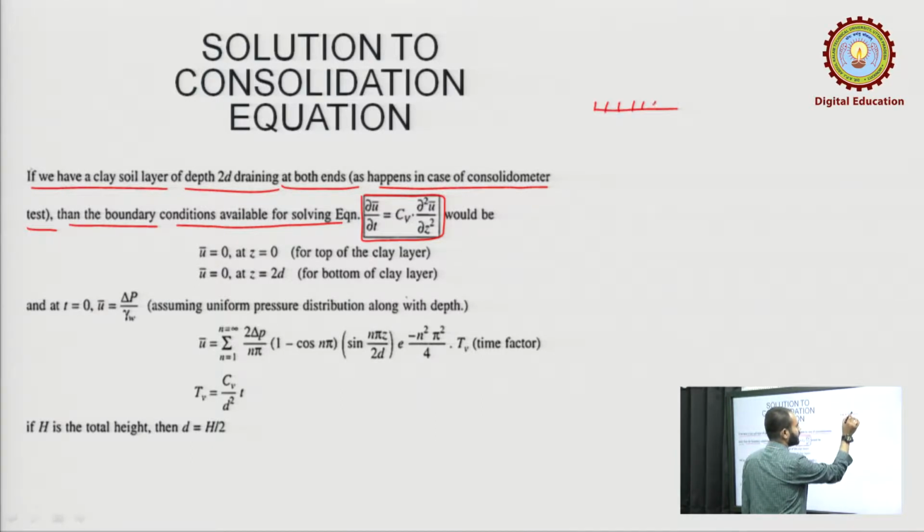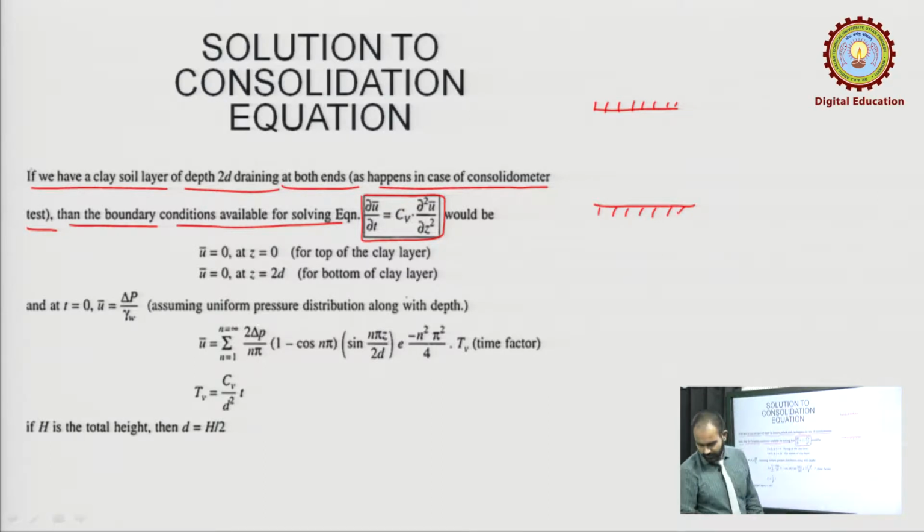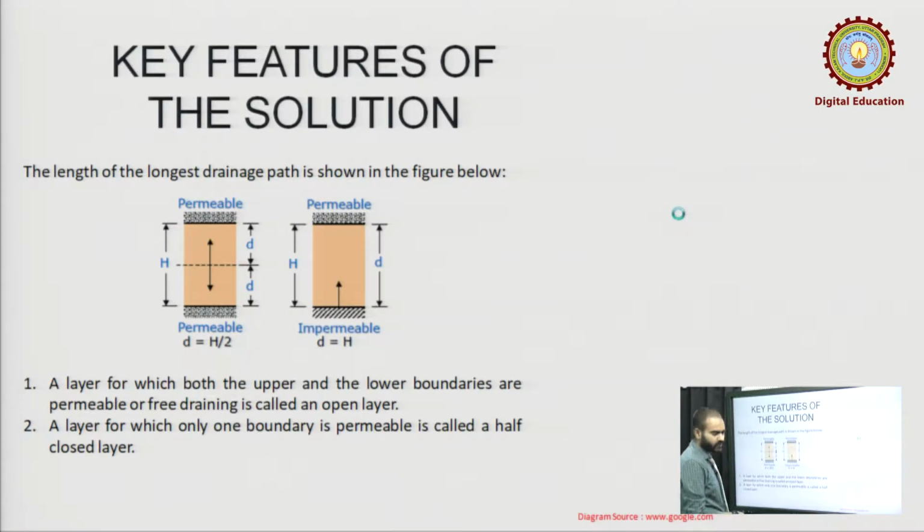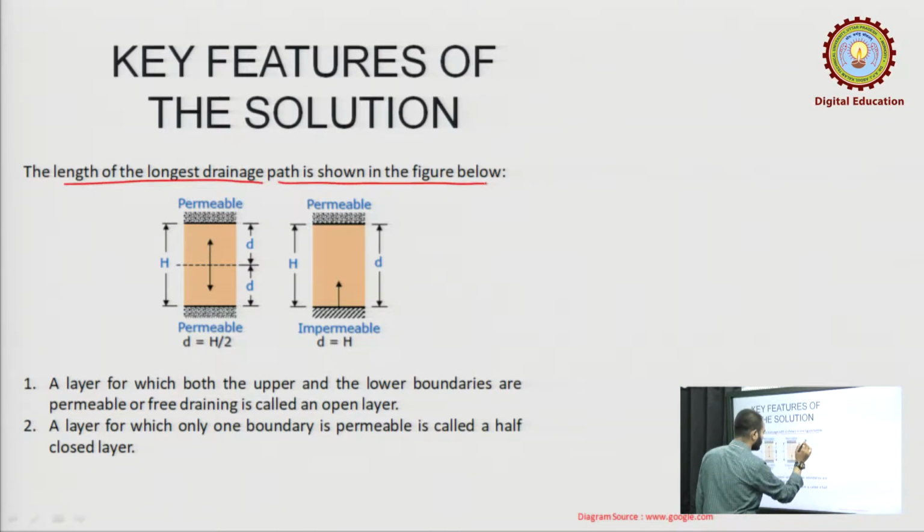If we have something like this, okay, you can find it here. This is actually the concept of drainage. The length of the longest drainage path is shown in the figure below. Now, what is this D, or you can say Z?